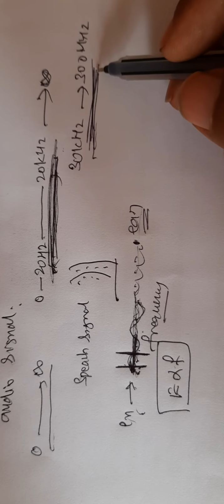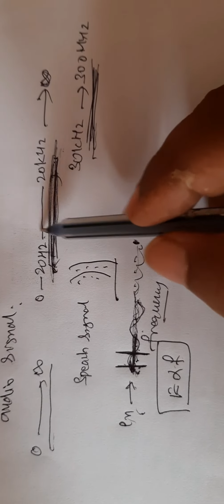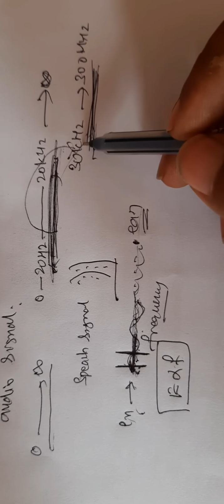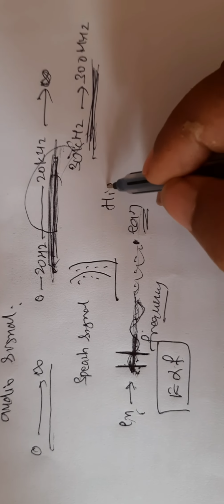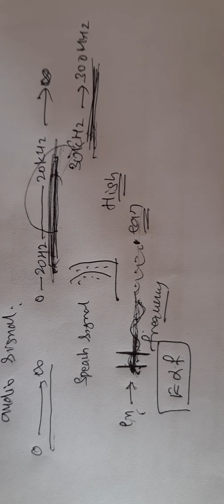Therefore, what we do in a communication system is that our low frequency signal is mixed with this high frequency signal. The resulting signal is high frequency. This high signal is transmitted through any longer distance.